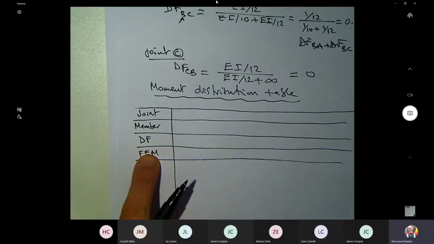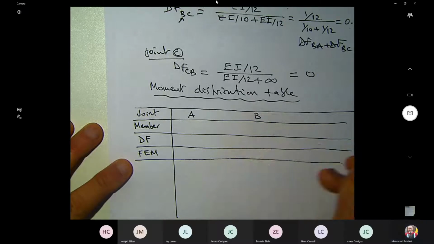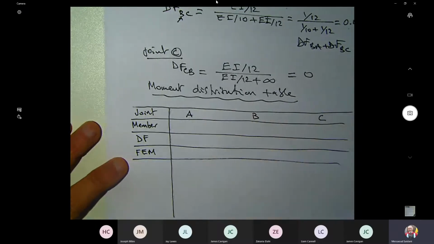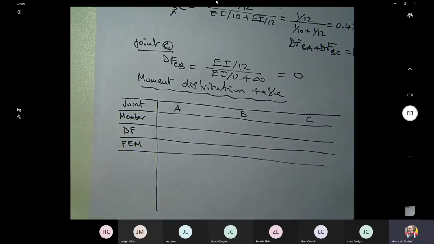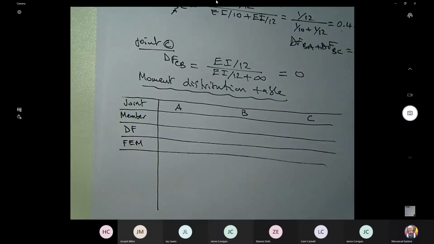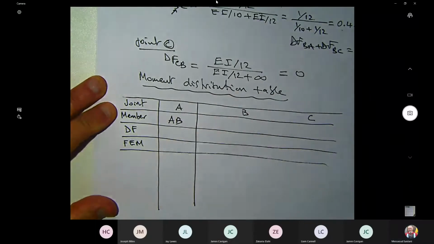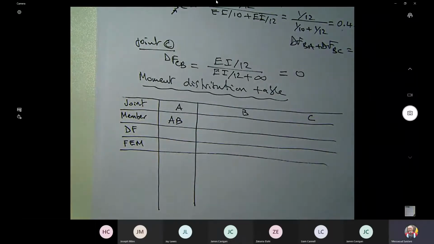How many joints do we have? We said we have 3 joints: A, B, and C. How many members are connected to joint A? 1. So we have 1 member here, AB. At B, how many members? 2.